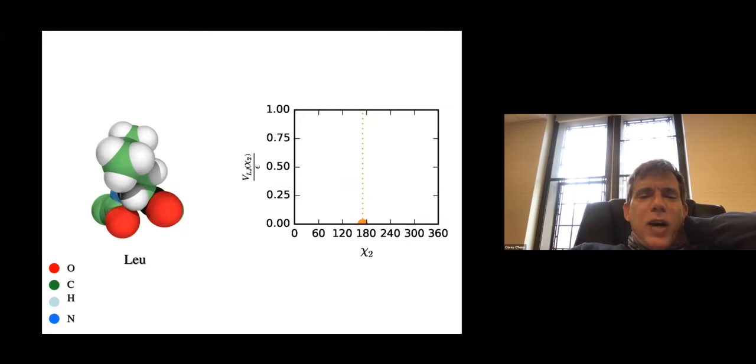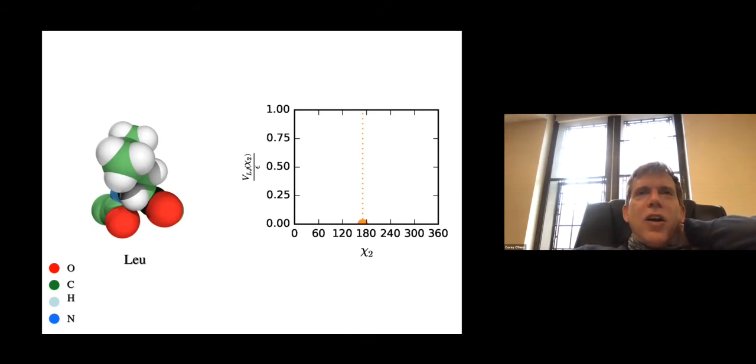So if you take the amino acid, like I'm showing here, this is a leucine amino acid taken from a protein crystal structure, but then it's just in vacuum. There's nothing around it. And so what you can then do is try all possible combinations of the side chain dihedral angles. And then you can ask, are there intra-residue overlaps?